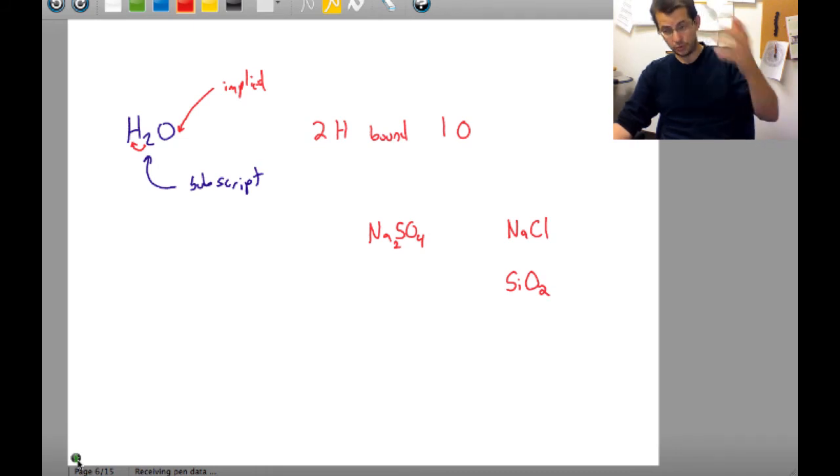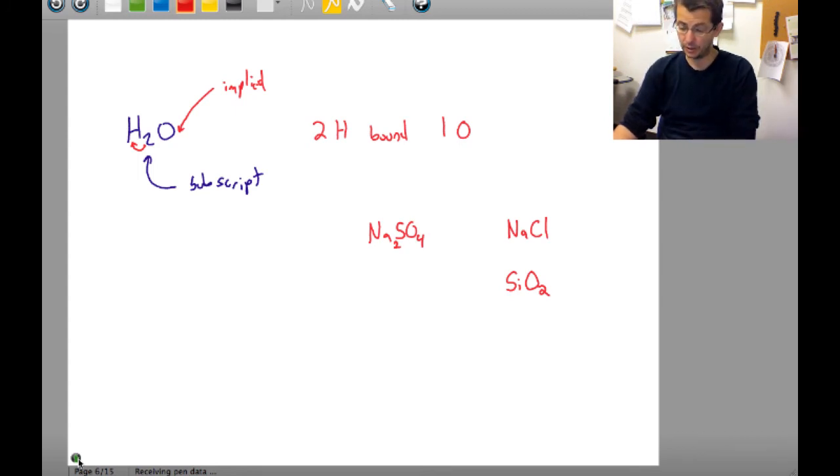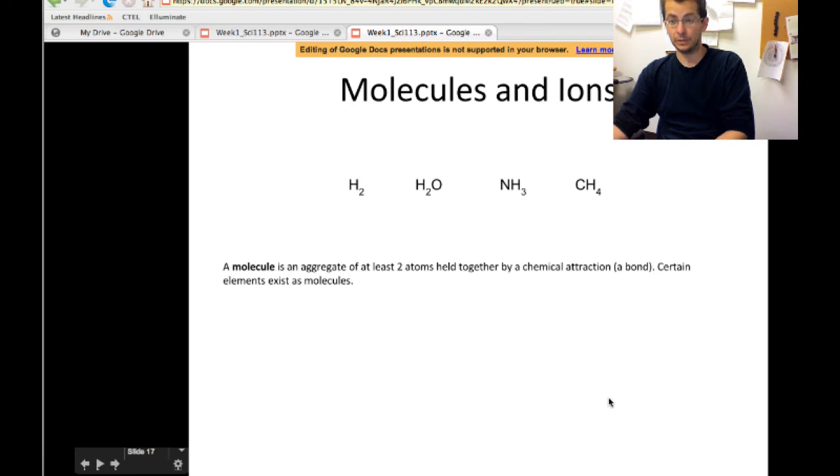As we spend more time on this, we'll talk about the properties of materials and being able to analyze these formulas and tease out what type of behavior they're going to undergo. But some compounds do exist as molecules, like CO2, where others exist as what we call network solids, like SiO2.